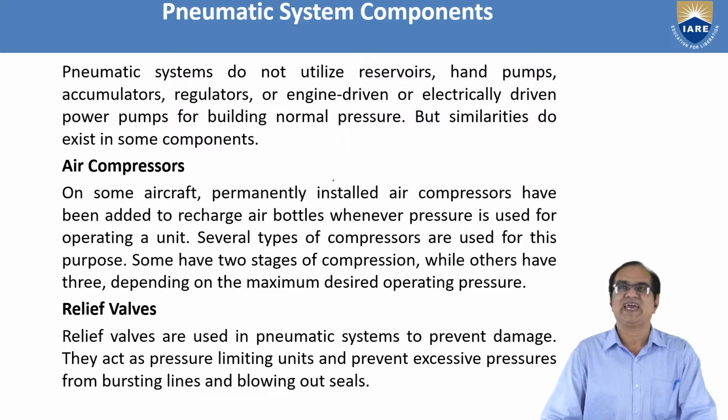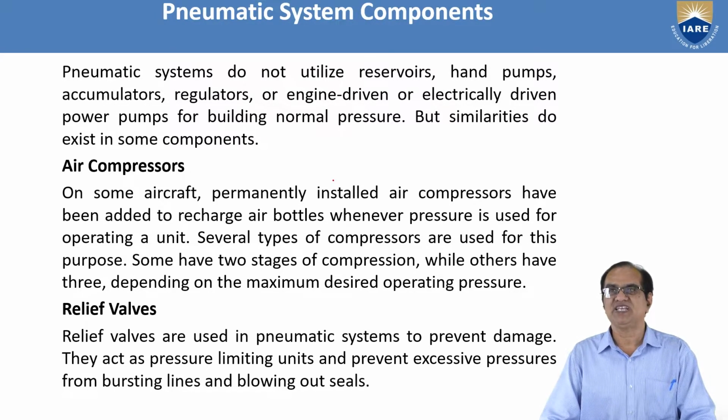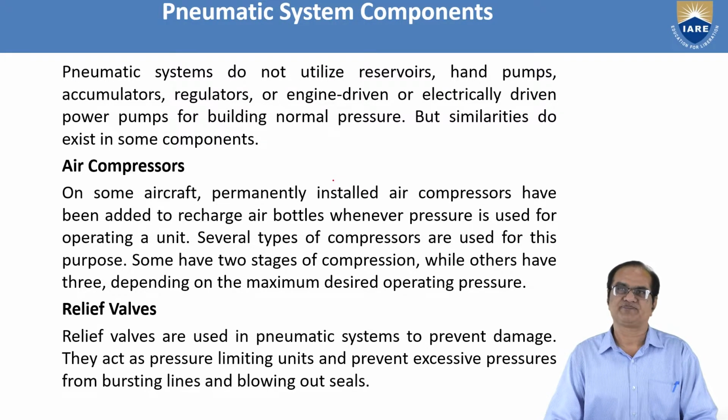So first one is the air compressor. In place of a pump, here we are using an air compressor. On some aircraft, permanently installed air compressors have been added to recharge air bottles whenever pressure is used for operating a unit. Several types of compressors are used for this purpose.